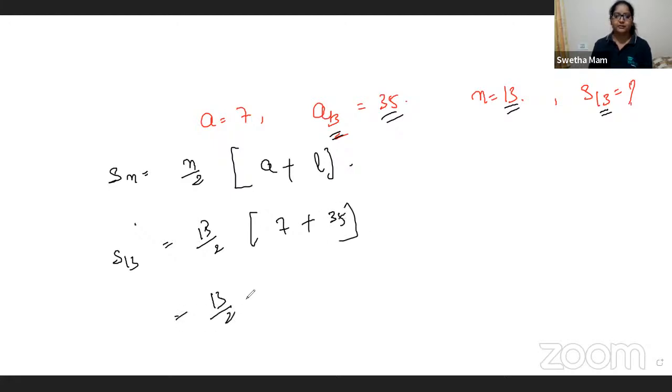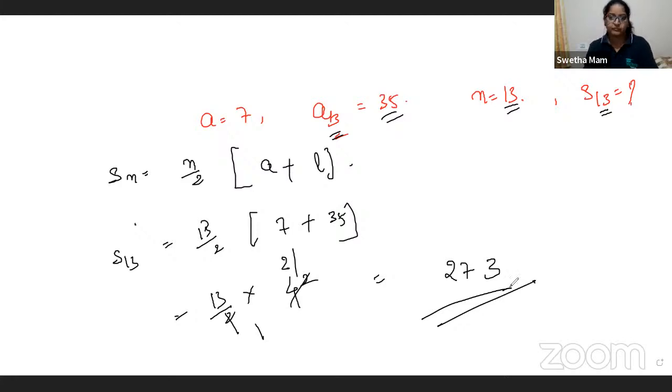So 13 by 2 into, what is 7 plus 35? That is 42. So we can cancel 2 ones, 2 twos, 2 ones. So 13 ones, 13, 26 plus 1, it is 273. So the sum of 13 terms is 273.